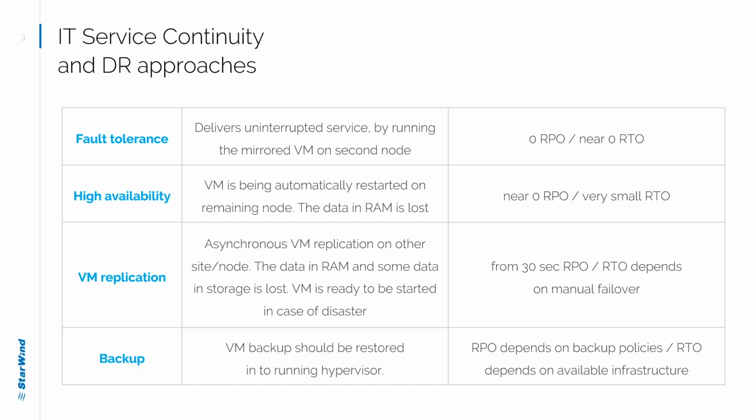The next approach is VM replication. It is often called disaster recovery or something like that. The basic idea behind replication is that virtual machines, or in some cases individual virtual disks, are replicated from one host or one cluster to another.